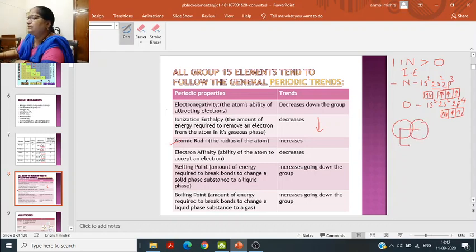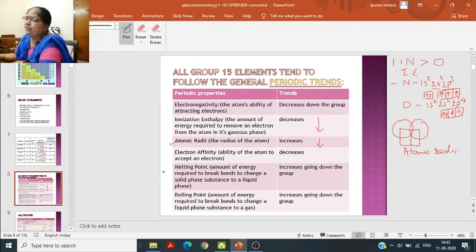This you have studied in class 11th. So this is the half. Average distance between the 2 nuclei gives you the atomic radii. Now again, as we move down the group, the atomic size increases.